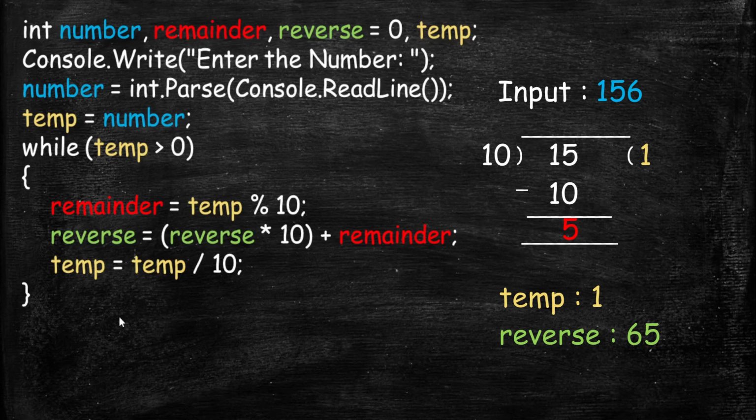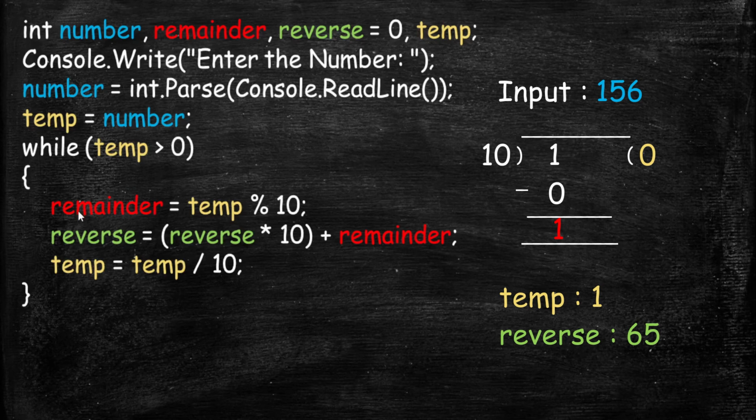Then this loop will run again, and temp, which is 1, is greater than 0, it is true, so this loop will come again. Now temp is 1 divided by 10, so it is not possible, so it will be 10 multiplied by 0 is 0, so our remainder will be 1 and our quotient will be 0.